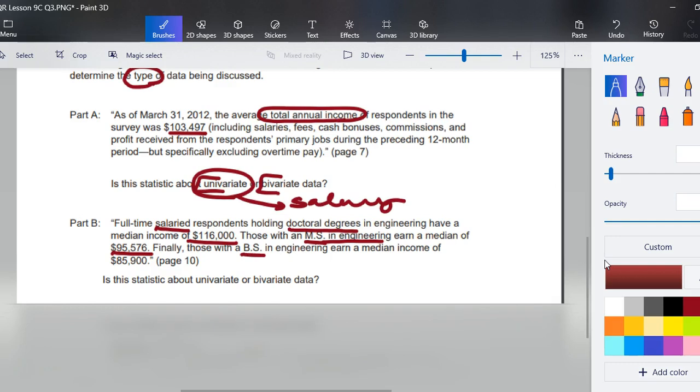And those with a Bachelor of Science earned a median income of $85,900. So the question now is, is this one a demonstration of univariate or bivariate? And we have a new variable introduced. Not only is it salary that we are discussing in this paragraph, but it's also your degree, because the degree is influencing your salary.